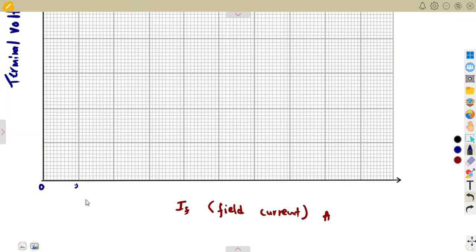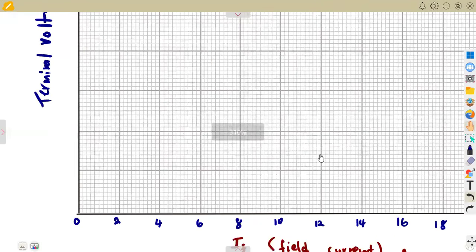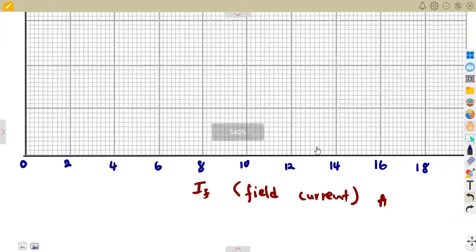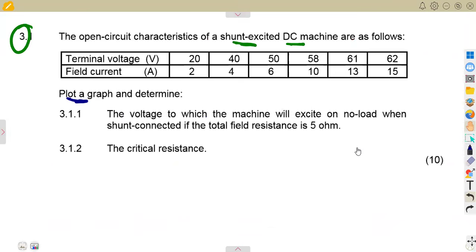All right. So guys, let's just hope this network is not going to affect me. It's 2, 4, 6, 8, 10, 12, 14, 16, and so on. You can even give an allowance of 18. So this is on the current, which is the field current. Then let's go back to the voltage.